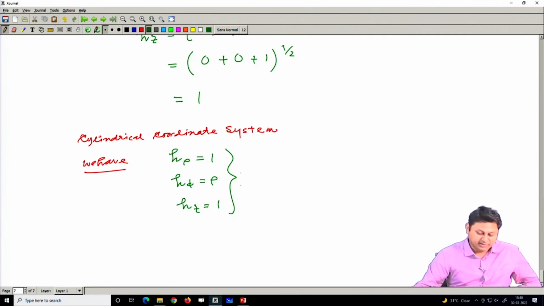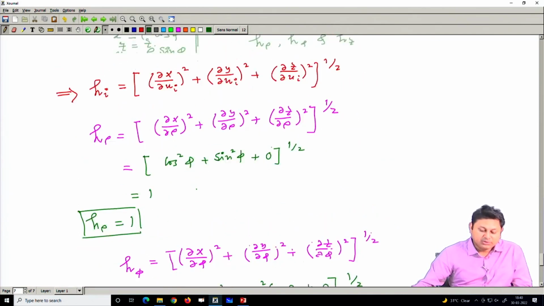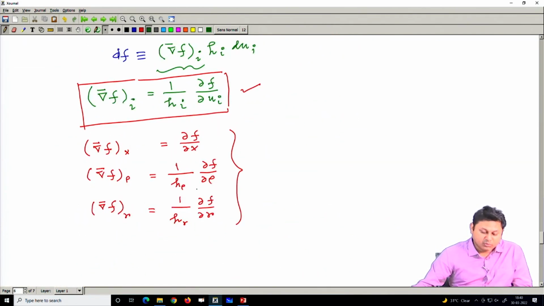Now, the next thing is to understand what should be the form of the divergence operator, the curl operator and the Laplacian. How will these operators look in different coordinate systems, from this general expression that we are going to exploit?